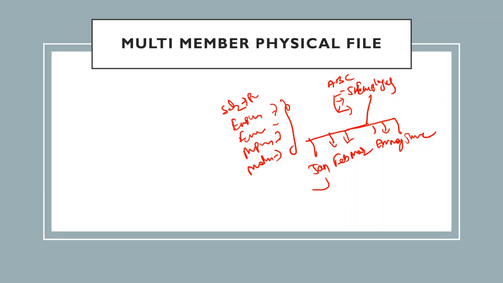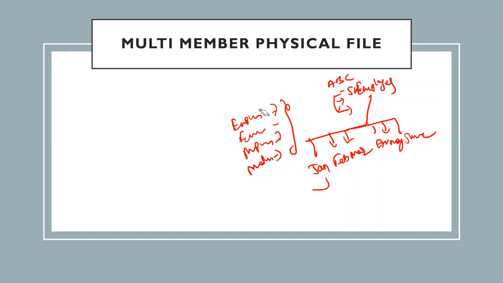January also has the employee name, number, salary, and month of the salary, and February also has the same. The four fields are the same for every month, but I want to maintain the data separately. I don't want to mix the data into a single physical file, and I also don't want to create 12 physical files.